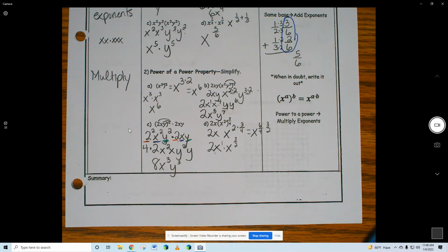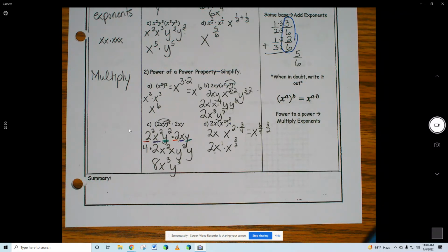So you said 5/2? Yeah. So 1 plus 3/2. What can I make this 1 so that it has a denominator of 2? 1 is the same as what over 2? No, 1 is not the same as 1/2. No. 2/2.